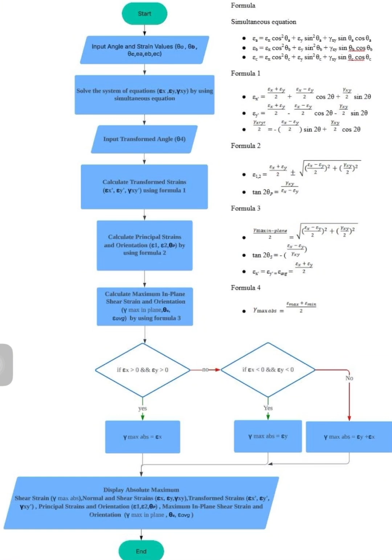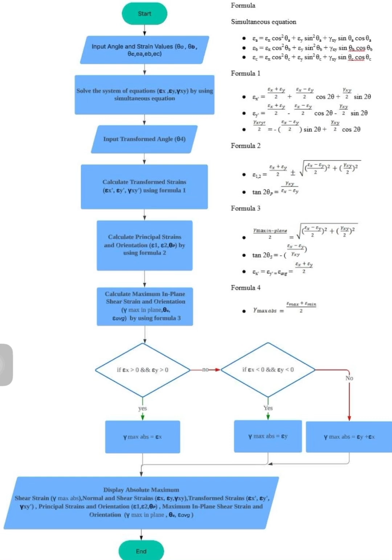If no, meaning epsilon x is bigger or lesser and epsilon y is lesser than 0, it will say no. It will go to the next stage, which is if epsilon x is less than 0 and epsilon y is less than 0.